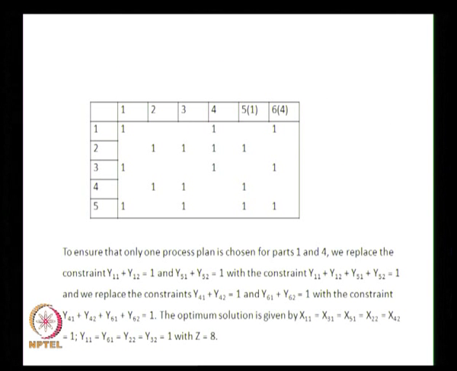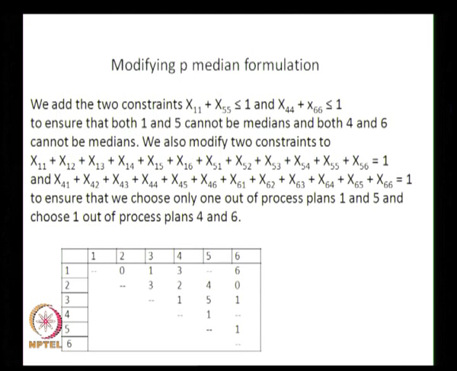So let us look at between 1 and 2 the distance is 0. Between process plan 1 and process plan 2 the distance is 0. So we look at this. So this represents a distance matrix or a dissimilarity matrix. So we can use a similarity coefficient based method or a distance based method.